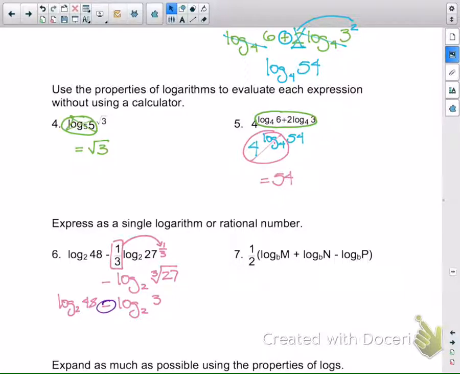A what? Minus sign, which means when I condense this to 1 log base 2, I cancel out my other log base 2s up there, and I do what with the pieces here? Divide. If I divide 48 by 3, what does that give me? Log base 2 of 16.